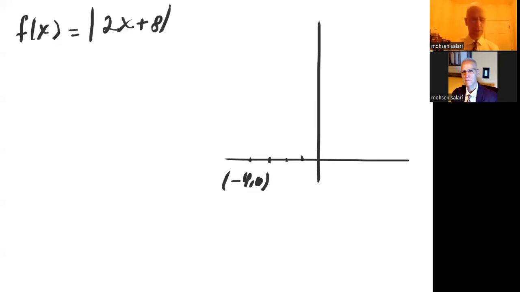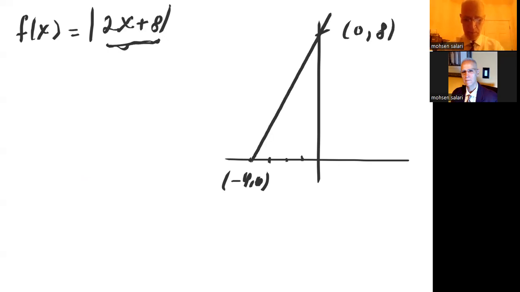Notice that if we set that equal to 0, we find -4. And if you wanted to graph this without the absolute values, you would know when x is 0, your y value is 8. So you're somewhere here at 0, 8. So this graph is going to look something like this.